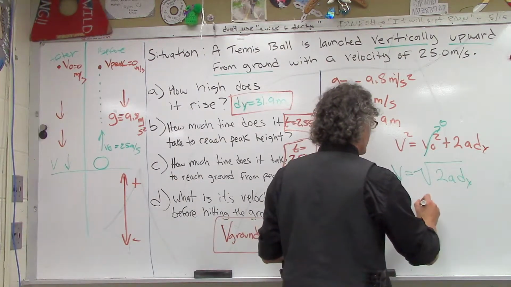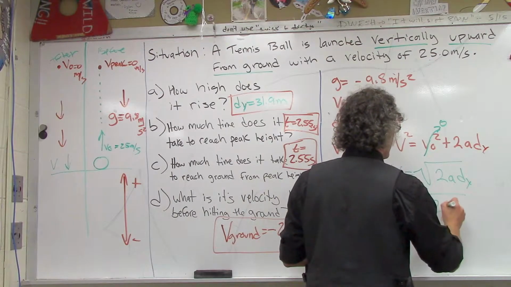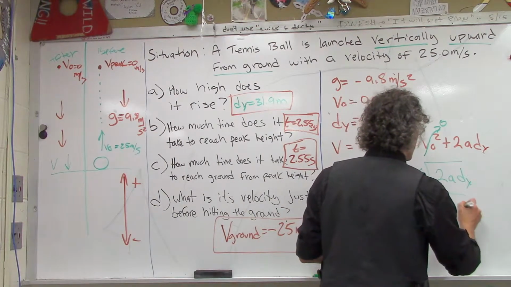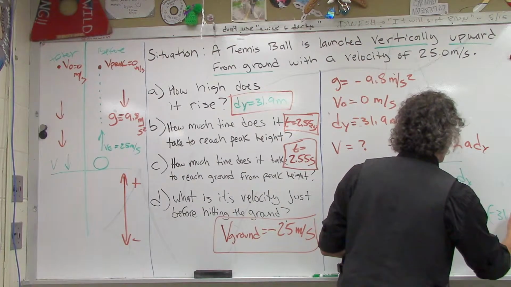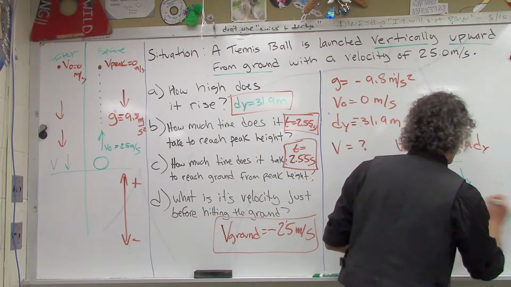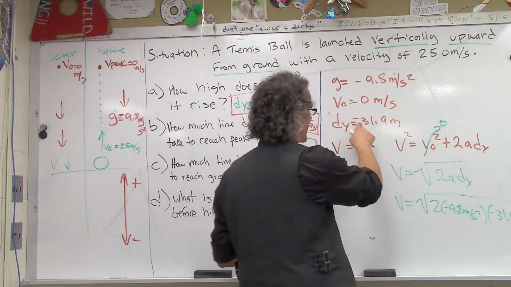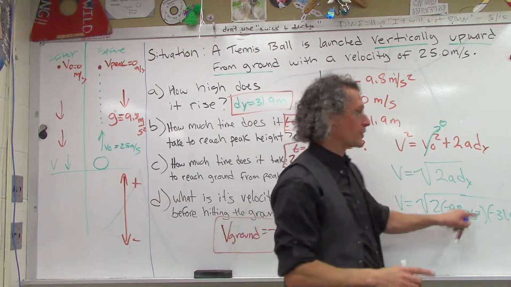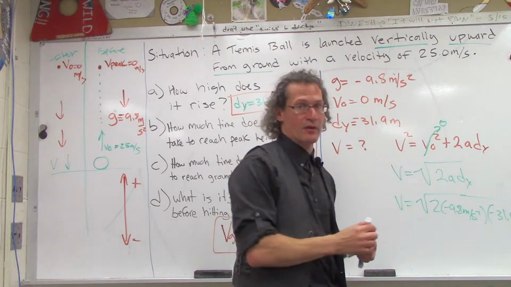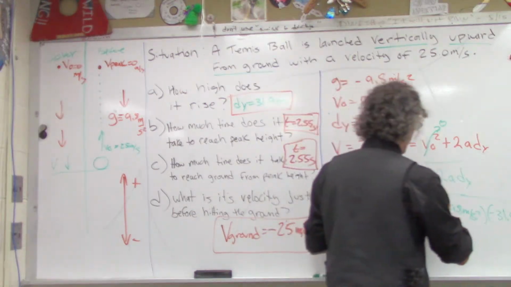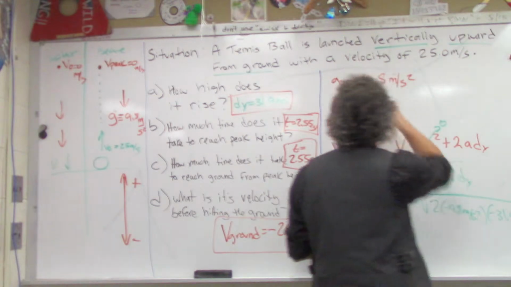I have V equals the square root of 2 times negative 9.8 meters per second squared times negative 31.9 meters. Now, if I didn't take into account the negative signs, I would be taking the square root of a negative number, which is not so fun. We don't want any imaginary numbers in our physical world right now, so we're just going to be sure to have our signs correct.